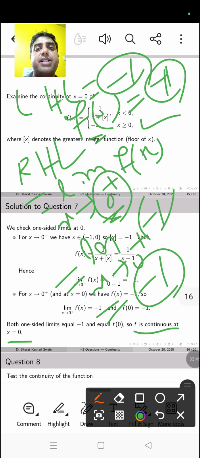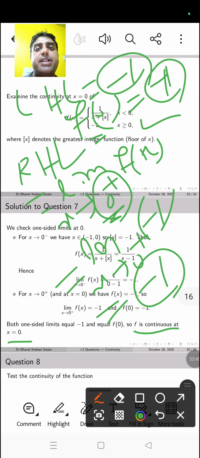Now what will be the left hand limit? Just check the limiting value first. Left hand limit means limit h tends to 0 of f of 0 minus h. That is equal to limit h tends to 0 of 2 into minus h minus 1, greatest integer.